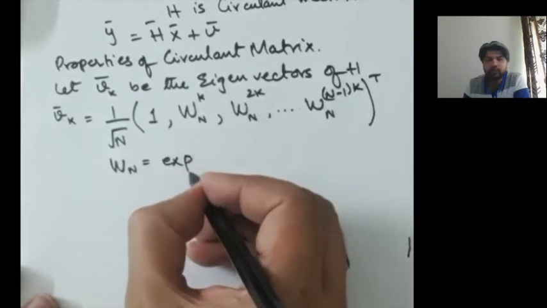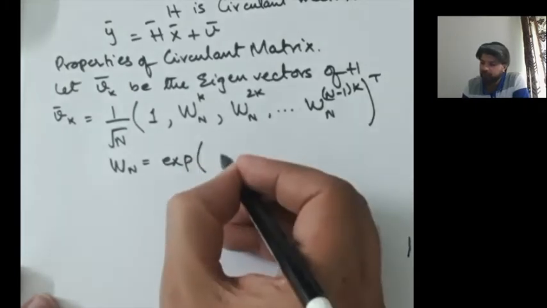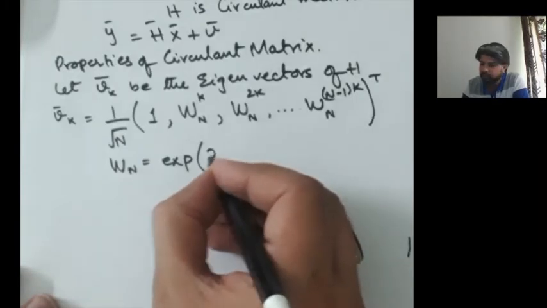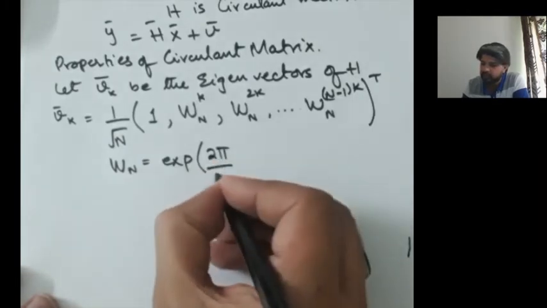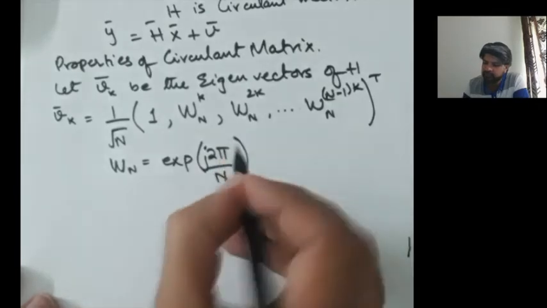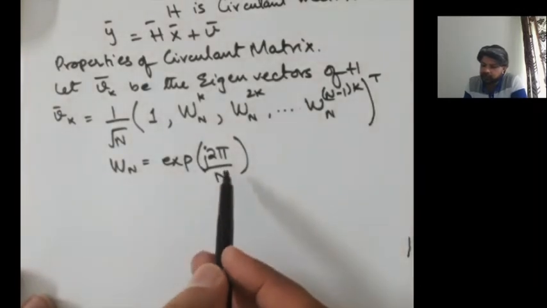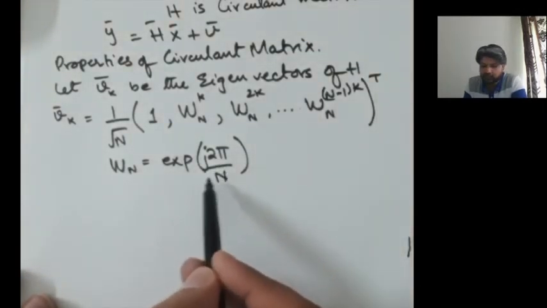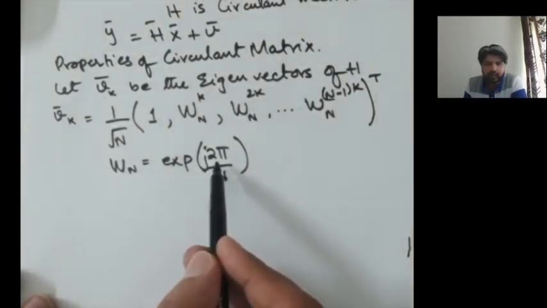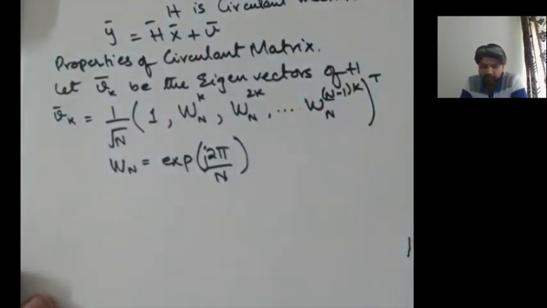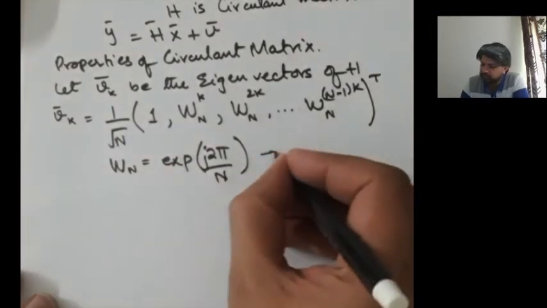So it would have a unit norm and it would have different phases. And now you can see that if you take the nth power of this expression, you would get e to the power j 2 pi, and that would be equal to cos of 2 pi, and that would be equal to 1. So you can see that this is nothing but the nth root of unity.